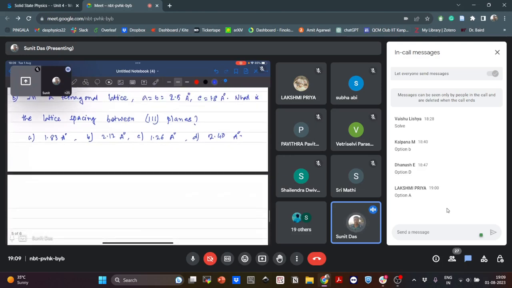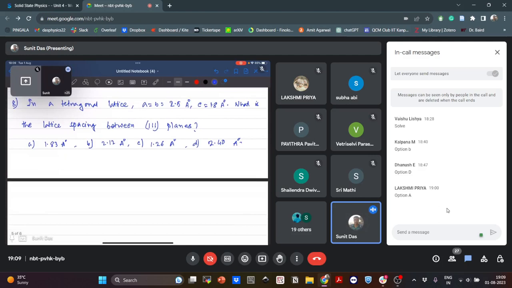So in a tetragonal lattice, two dimensions are same basically. A equal to B equal to 2.5 angstrom and C is 1.8 angstrom. What is the lattice spacing between 111 planes?